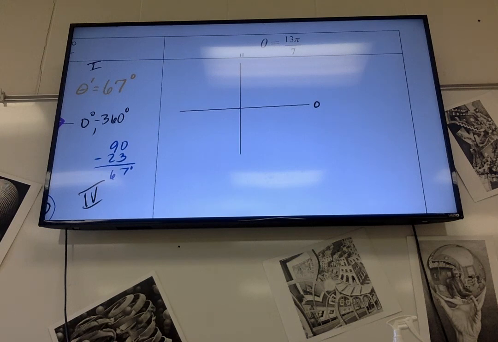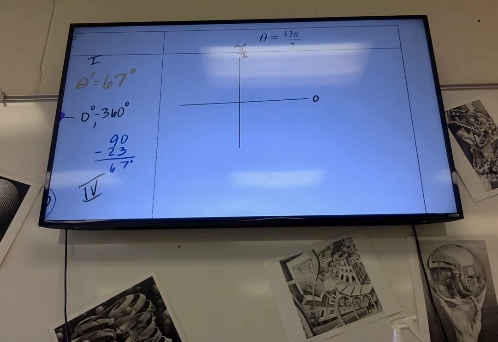This one up here is 90 degrees, which is pi over 2. It probably wouldn't hurt to memorize these. And I add pi over 2 each time, which is 90 degrees. So if I add pi over 2 and pi over 2, it's 2 pi over 2, which is just pi, because the 2's cancel. Then 3 pi over 2. Then 4 pi over 2, which is just 2 pi.